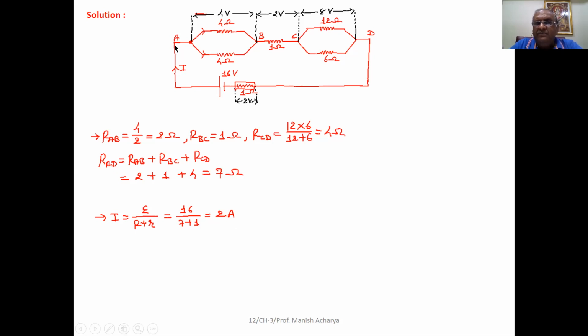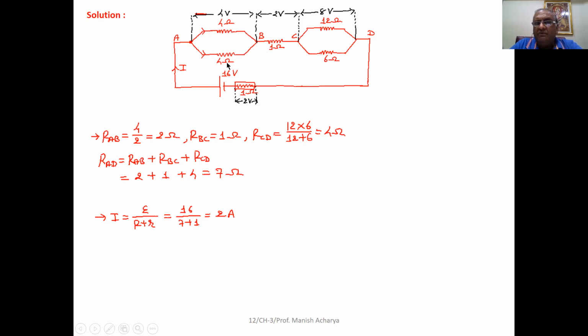Now when this 2 ampere current is divided in two parts between A and B, but see here, both the resistors are identical, 4 ohm, 4 ohm. So the 2 ampere current will be distributed equally. So 1 ampere will flow through the upper 4 ohm resistor and 1 ampere current will flow through the lower 4 ohm resistor.